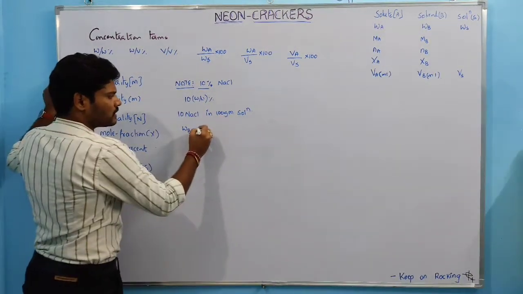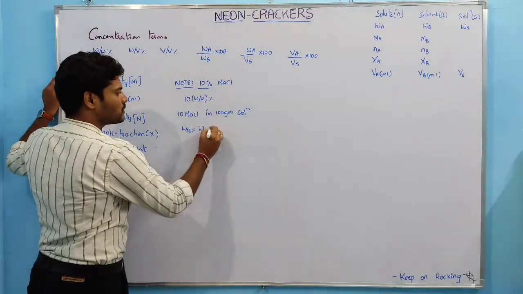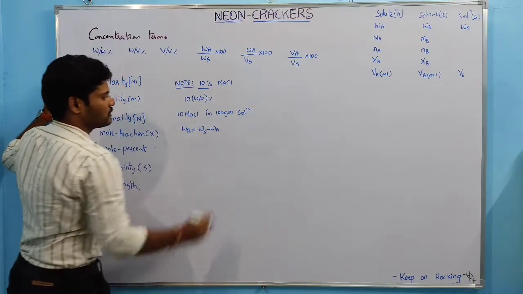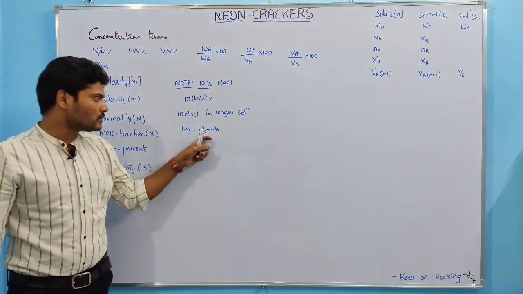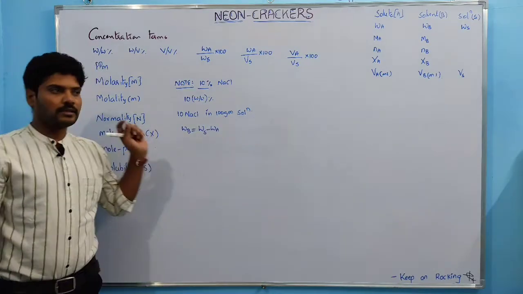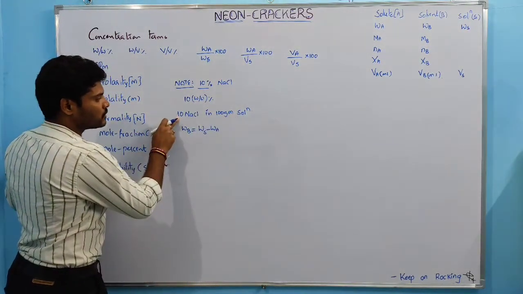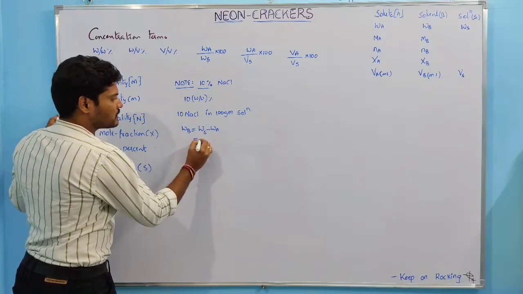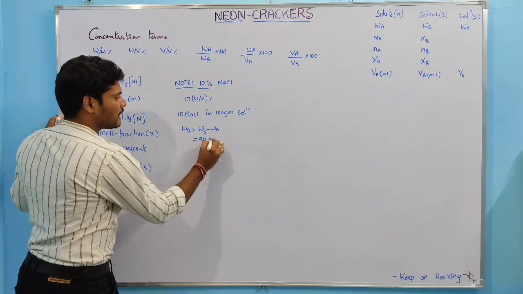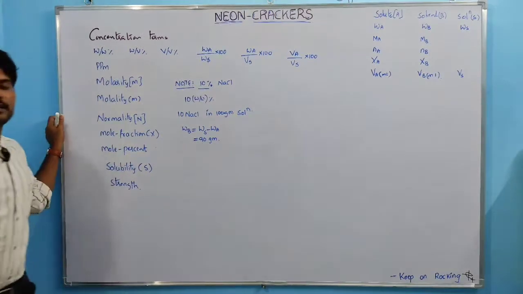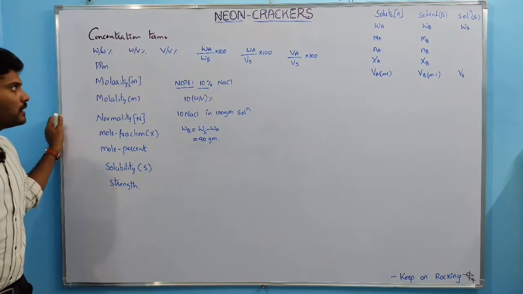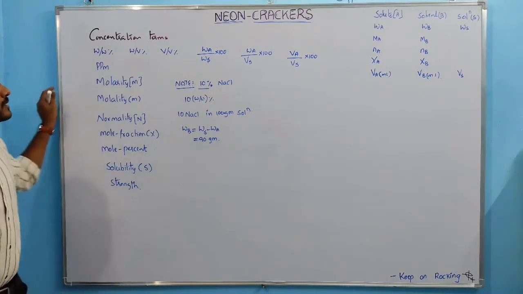Weight of the solvent equals weight of the solution minus weight of the solute, of course, since the weight of the solution equals the sum of the weights. Here the weight of the solution is 100 and the weight of the solute is 10, so the solvent is indirectly how many grams, beta? 90 grams of solvent weight. So these are the simple concentration terms.